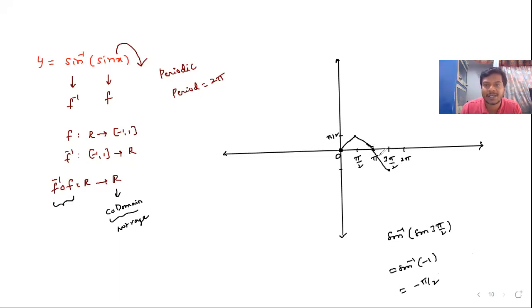Next 2 pi, automatically 0. This is the graph in the interval 0 to 2 pi. Now I am going to extend it like this. This graph represents y equal to sine inverse of sine x.